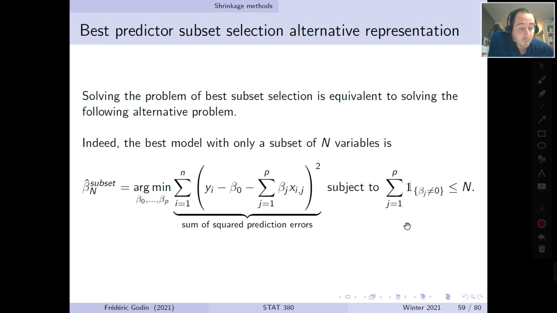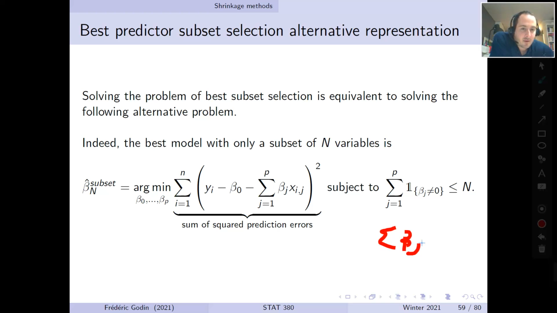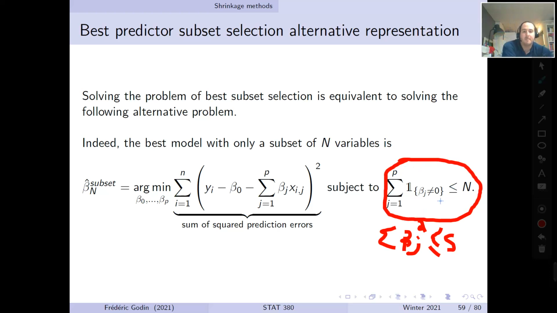So we see that finding the best subset of capital N predictors is equivalent to solving a problem which looks a bit like the ridge regression, but instead of having this constraint for the ridge regression, finding the best subset has another kind of constraint, of this form instead.